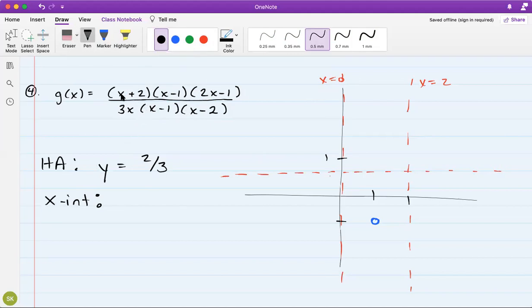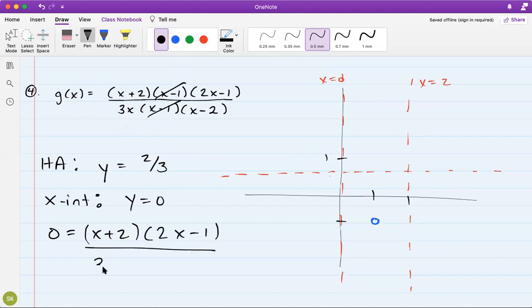Let's talk about x-intercepts. For our x-intercept, we plug in y is equal to 0. So if we set this equal to 0, we're going to get x plus 2. Let's go ahead and get rid of this x minus 1 again. Then (2x - 1) over 3x(x - 2), like that.